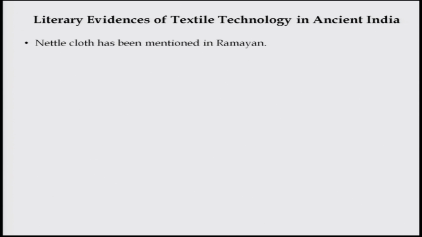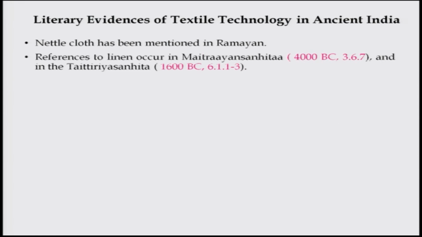If you go back to the Ramayana, you can find nettle cloth mentioned in Ramayana times. References to linen, which is one kind of fiber from which one can make cloth, occur in the Maitrayani Samhita in 4000 BC, and in the Taittiriya Samhita in 1600 BC.